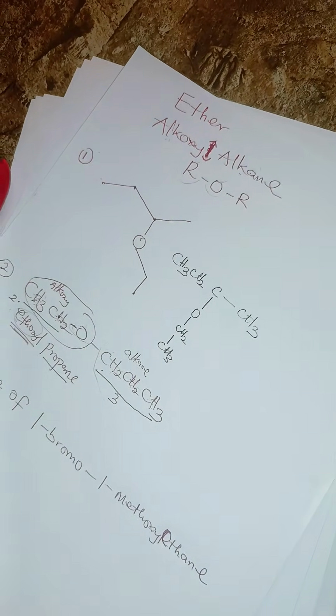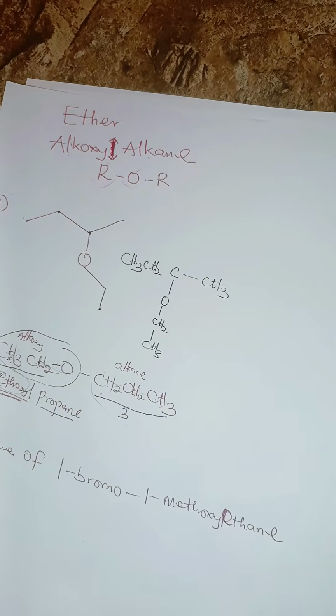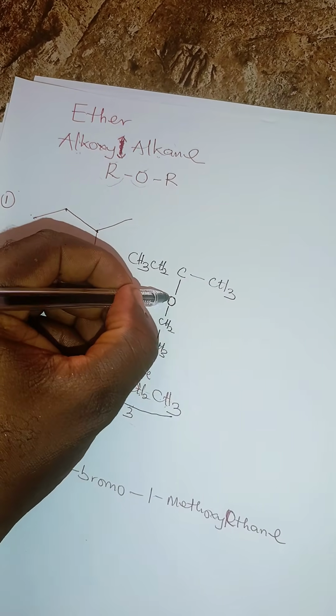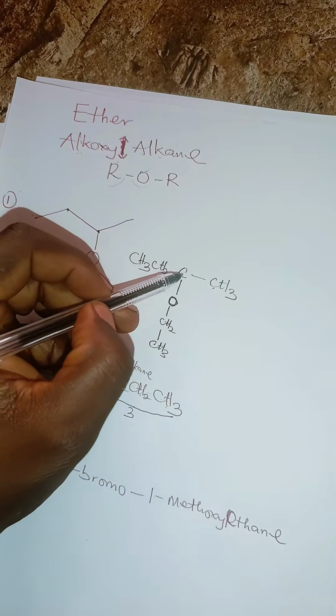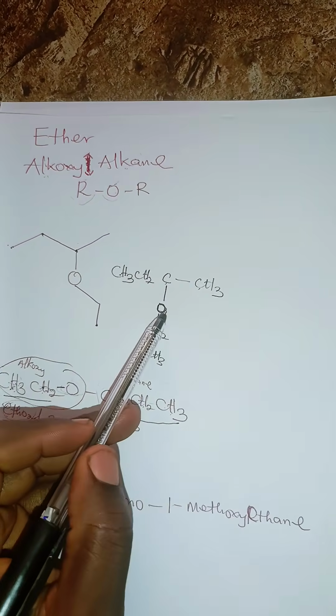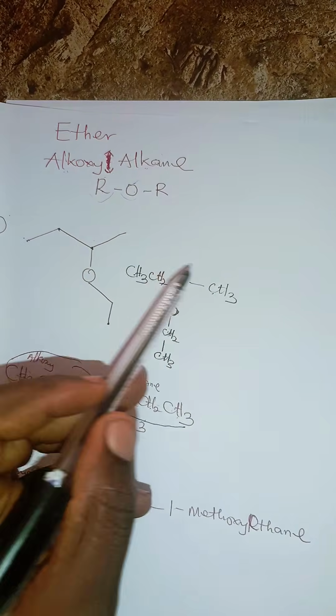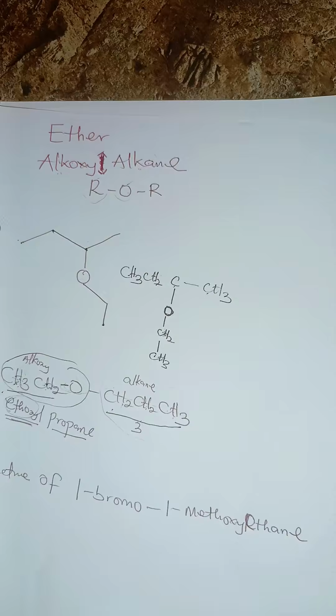Now, if I want to name this compound, this is the O that separates them. This O separates this 1, 2 from this 1, 2, 3, 4. I think that is clear. So this oxygen separates these 2 carbons from these 1, 2, 3, 4. Which of them is the longest?